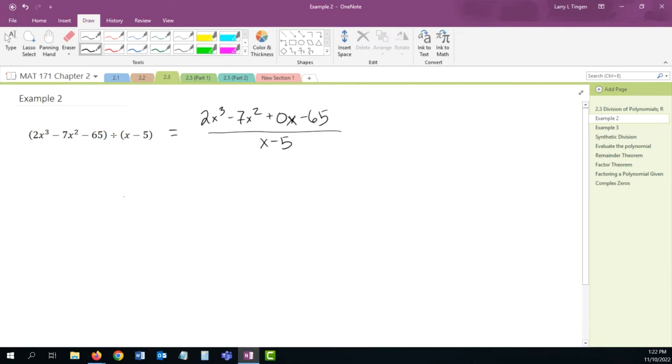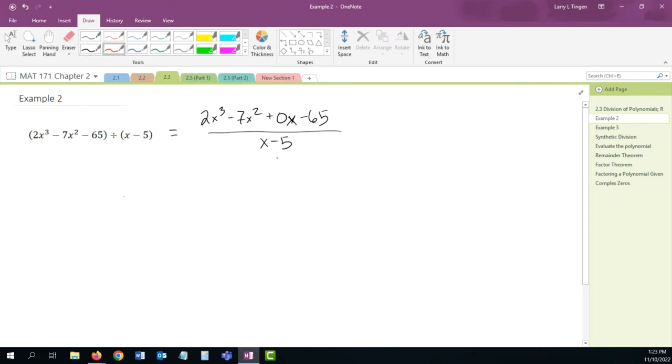The reason that you would want to write it like this, perhaps, is because if you don't put parentheses around the entire numerator and the entire denominator with the divide symbol, you'll get it wrong. So that's another way to write it. Notice I'm missing a term. I don't have an x term here. So I have x cubed, x squared. I don't have an x term, so I am plugging in a 0 for that.